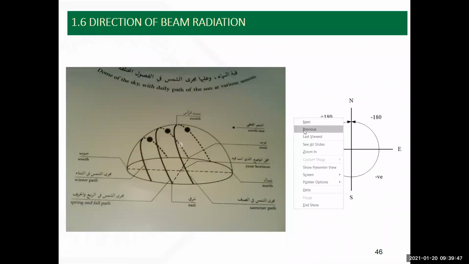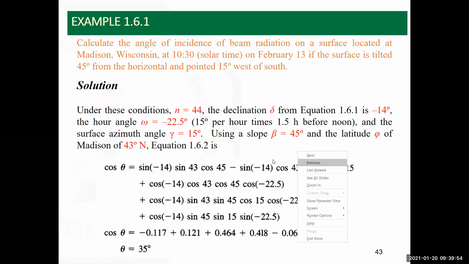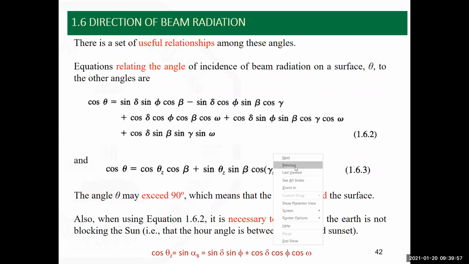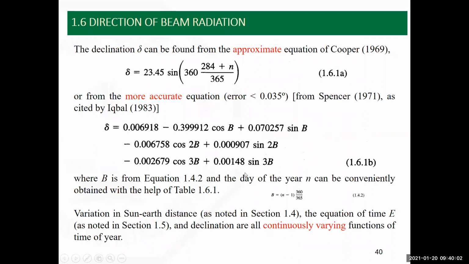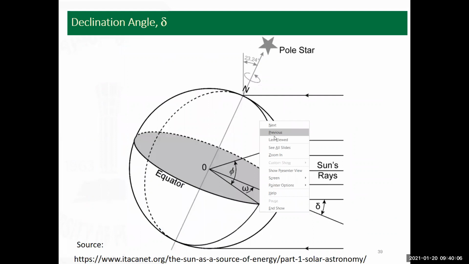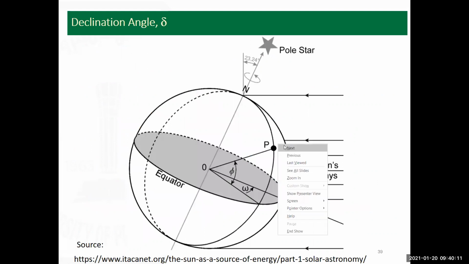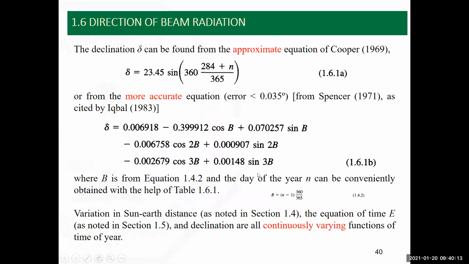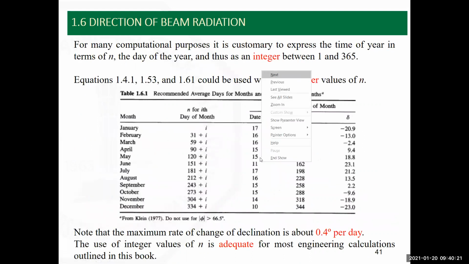Where's that? Oh, sorry, I was going next. I should go the other way, previous. The hour angle is given here as... I'm sure we've gone through the hour angle a while ago in one of the slides, and the value is basically 15 into the time minus 12.